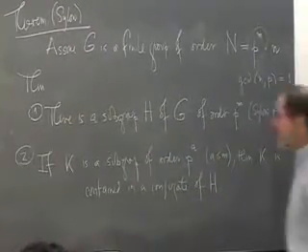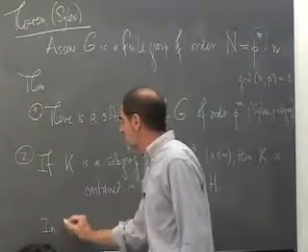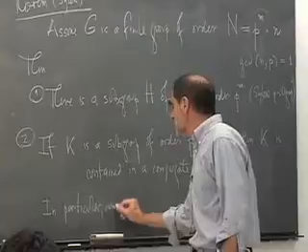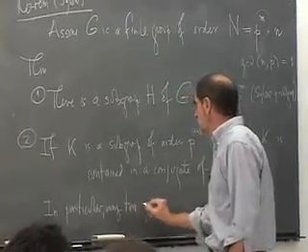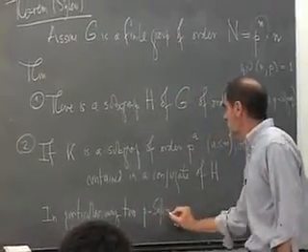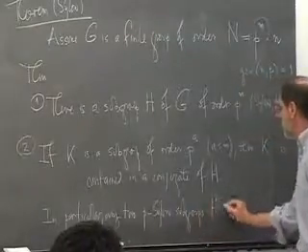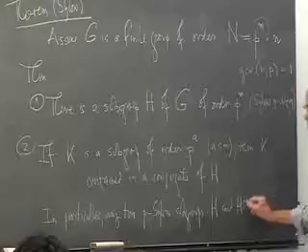So as a particular case of 2, in particular, any 2 Sylow p subgroups H and H prime are conjugate.